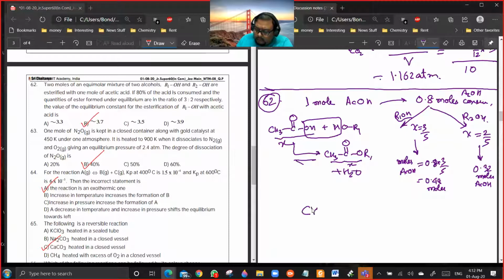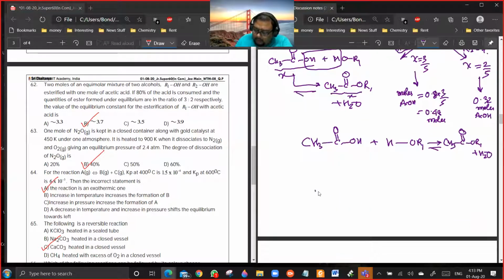Let me write this in detail. CH3COOH plus HOR1 gives CH3COOR1 plus H2O. And the same I can write for the second one also: CH3COOR2 plus H2O. And you see, water is the medium, so it will be in excess. So we won't be talking about water.